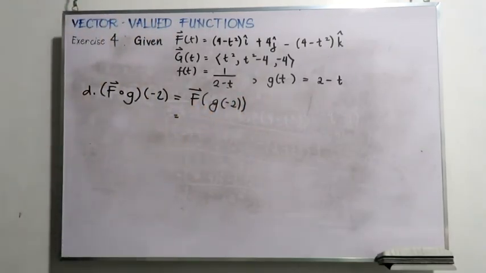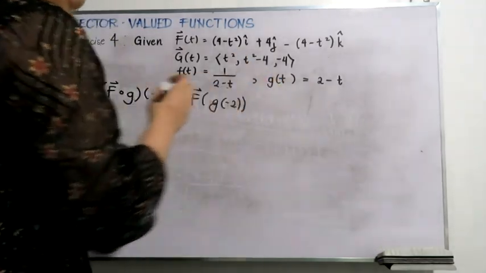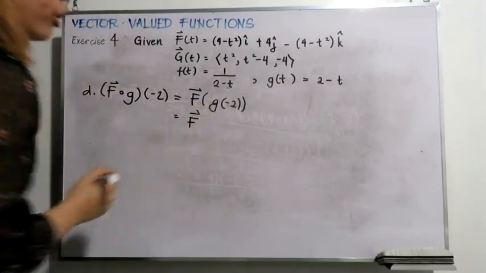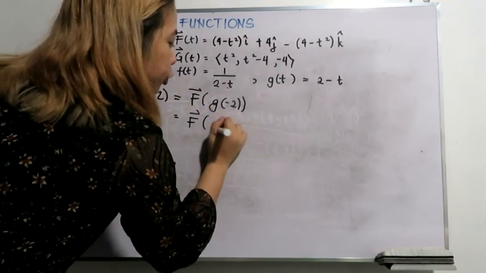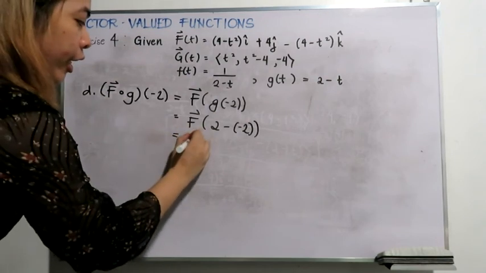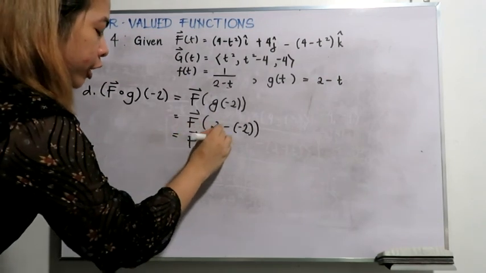Substituting negative 2 to g of t, we obtain F of 2 minus negative 2, which gives us F of 4.